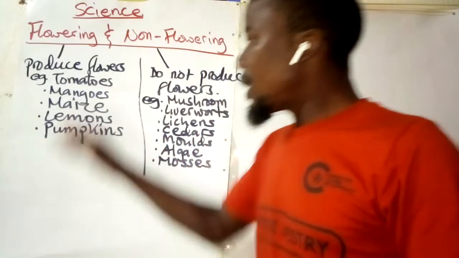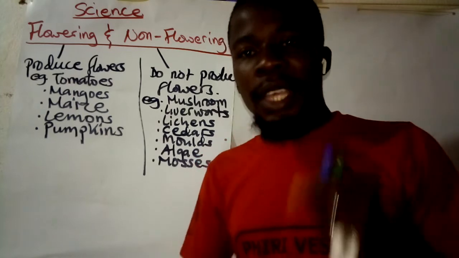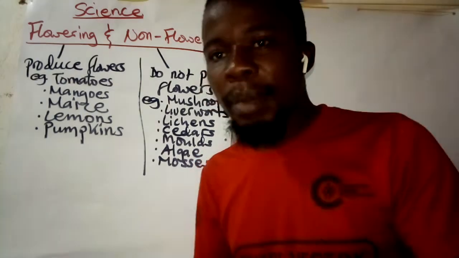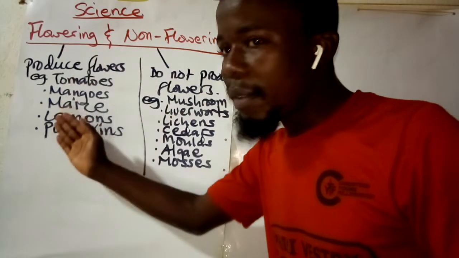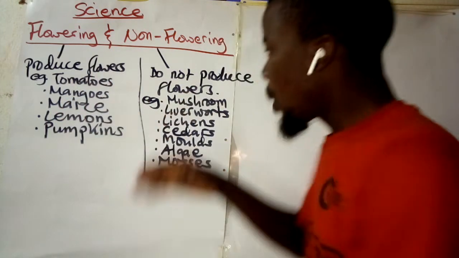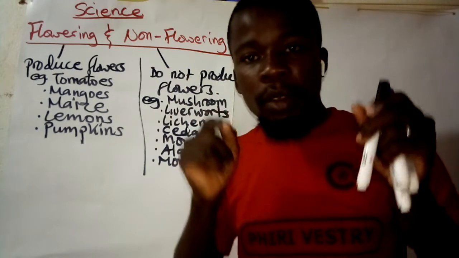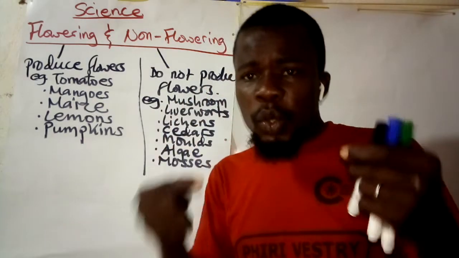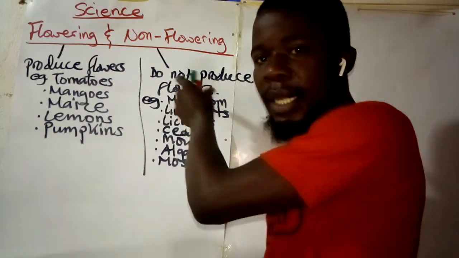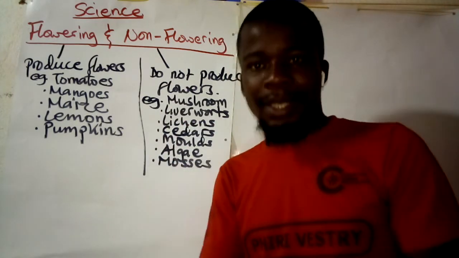So these are the examples of the flowering plants. So on this side we're having the examples of flowering plants, the plants which produce flowers, while on the other side we're having the examples of plants which do not produce flowers, and these plants are called the non-flowering plants.